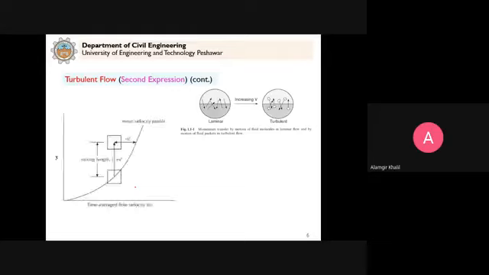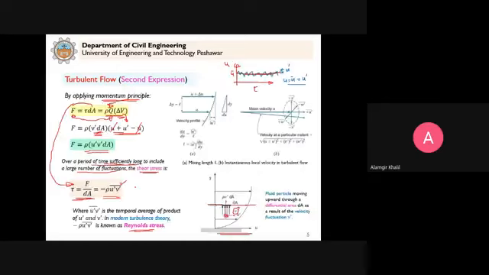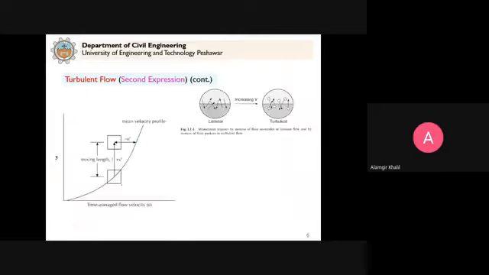Now we studied this equation, and as I try to explain, how this negative sign comes. You can see in this diagram the laminar and turbulent flow.